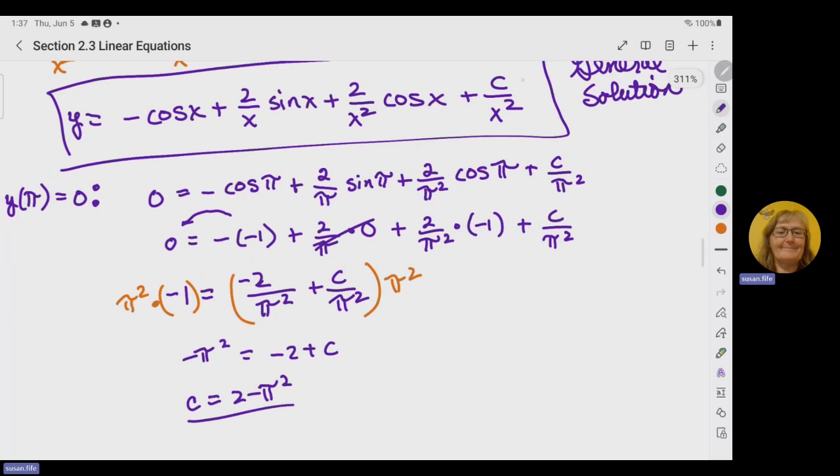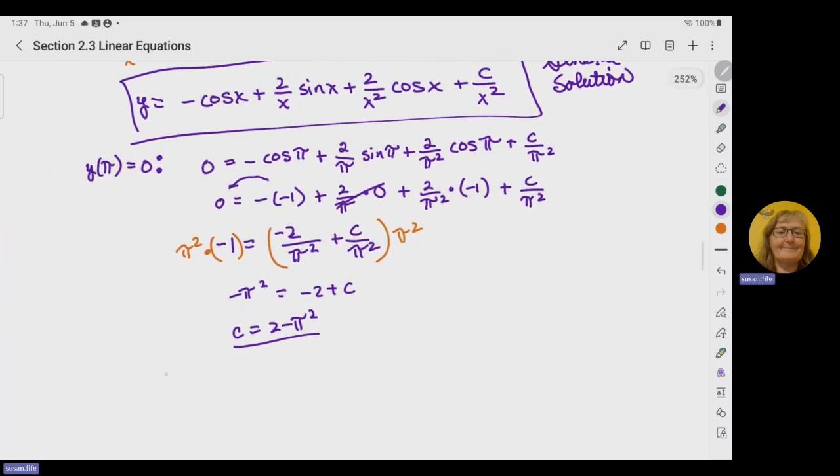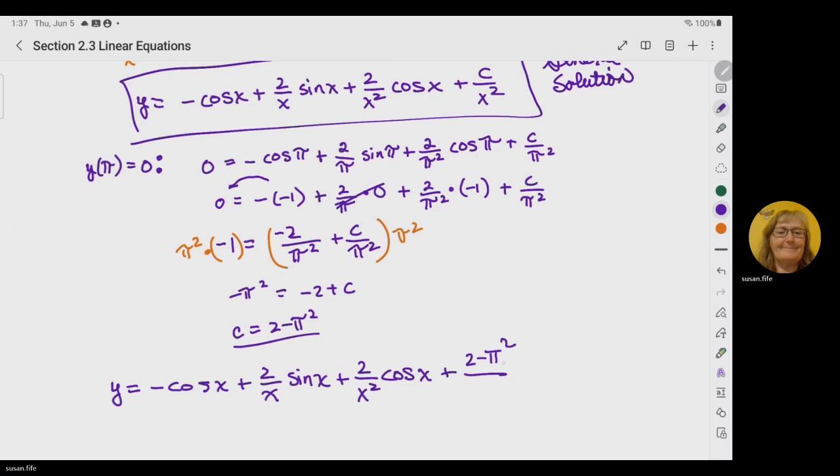Substitute that in for my c in my general solution, and we'll get our particular solution, which is y equals negative cosine x plus 2 over x sine x plus 2 over x squared cosine x plus c, where c is 2 minus pi squared, over pi squared.